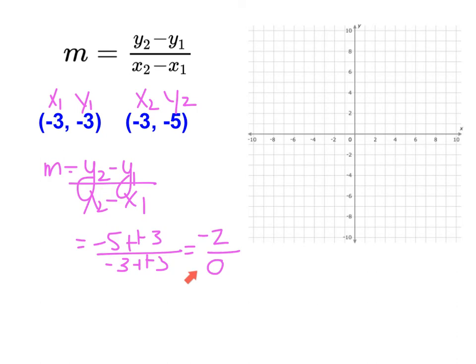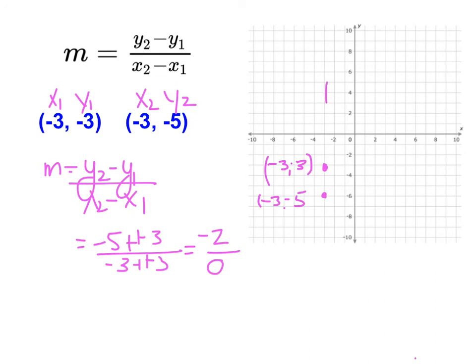So let's see what my line looks like in this case by graphing these 2 points. The first point is negative 3, negative 3. And the second point is negative 3, negative 5.